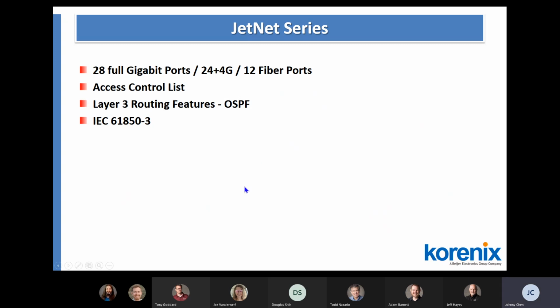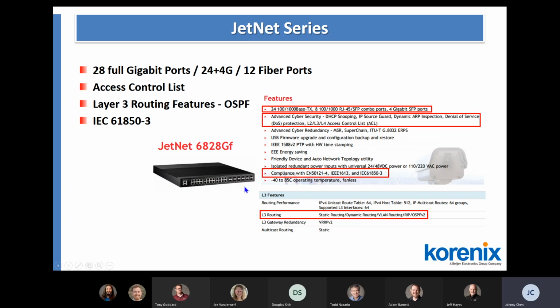Okay, so for this condition, I would choose the 6028GF because it's a layer 3 switch, and it could support up to 12 fiber ports, because it has 8 gigabit combo ports and 4 gigabit SFP ports. So you could have the 12 fiber ports, and it also supports our cybersecurity.